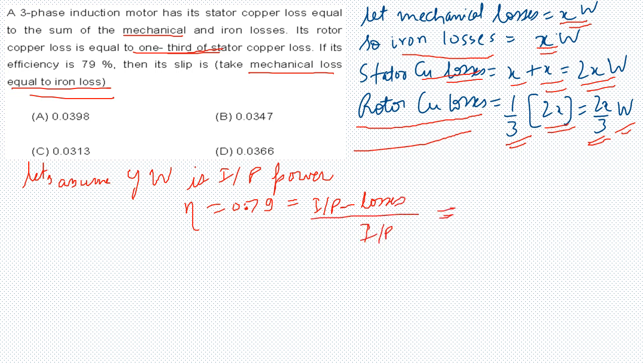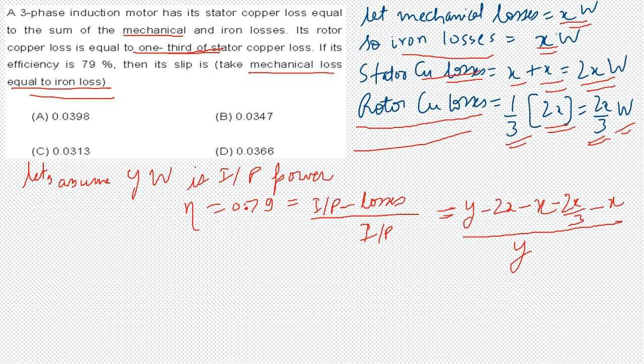So our input is y watts minus the stator copper losses, which is 2x, minus the iron losses, which is x watts, and after that the rotor copper losses, which is 2x by 3, minus x, which is the mechanical losses, divided by the input, y watts.